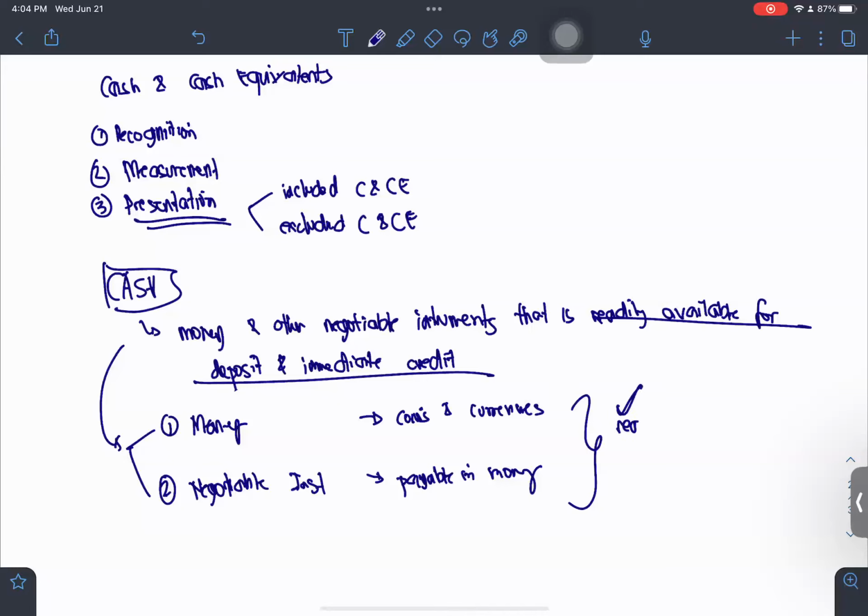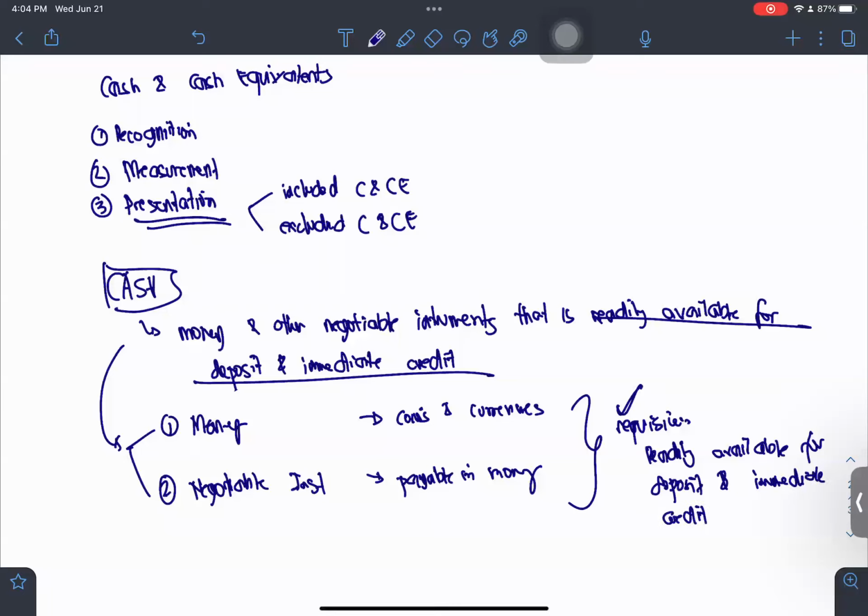And what is that requisite? The requisite is that it is readily available for deposit and immediate credit. Okay?